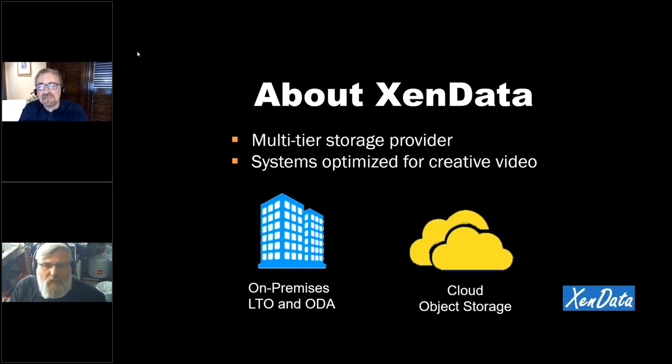In addition to our traditional LTO video archive products, a fast-growing part of our business is multi-tier hybrid cloud storage solutions. These support storing content in cloud object storage and keeping frequently accessed files on on-premises RAID. Our cloud solutions also support a global file system where users, no matter where they're located, can access their media files and can collaborate on projects.